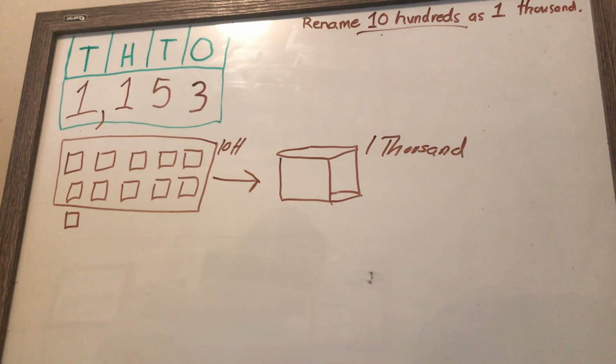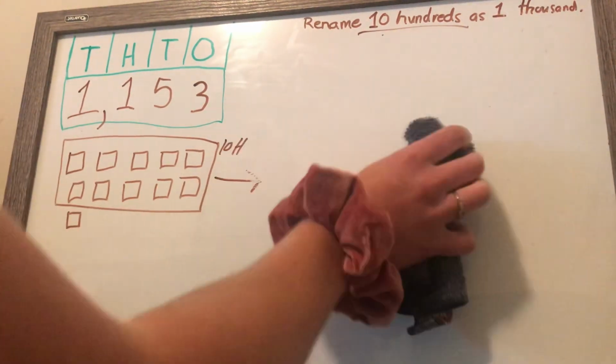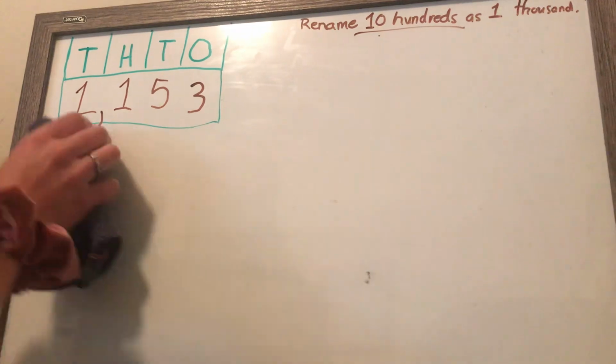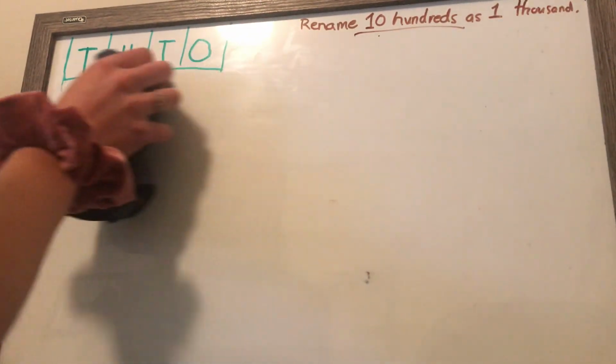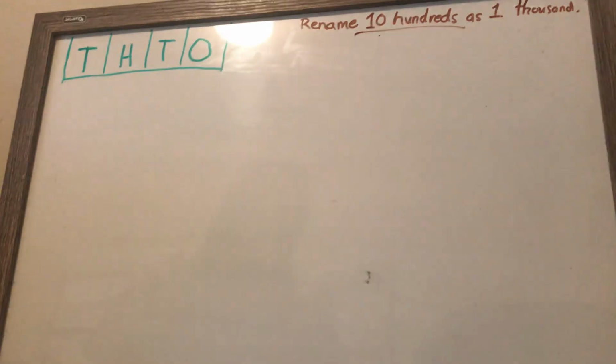Okay, now let's look at adding 4-digit numbers with renaming. So I'm going to erase some of this here, and then we're going to do some addition by renaming our hundreds or thousands or ones, depending on what we need to do. So let's pick a number.